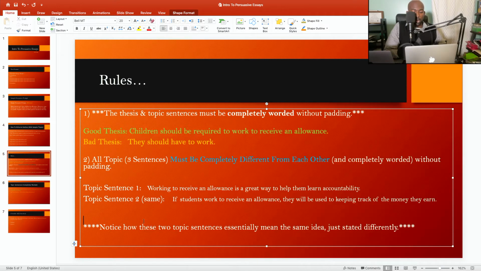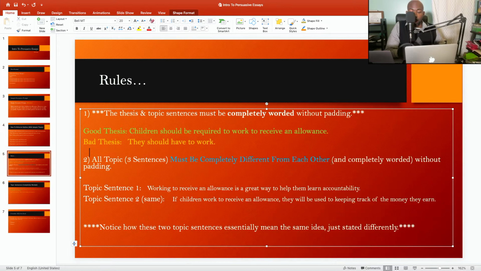Now, if we look at the second topic sentence, it says if students work, well, I guess that could say children. I'll just put children. If children work to receive an allowance, they will be used to keeping track of the money they earn. Okay. Now, on the surface, a student would look at these 2 topic sentences and say, okay, I got 2 topic sentences.